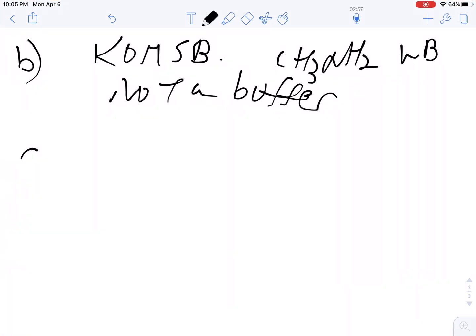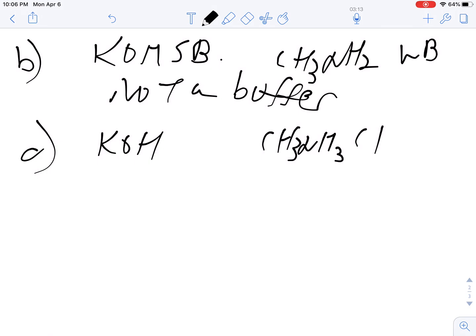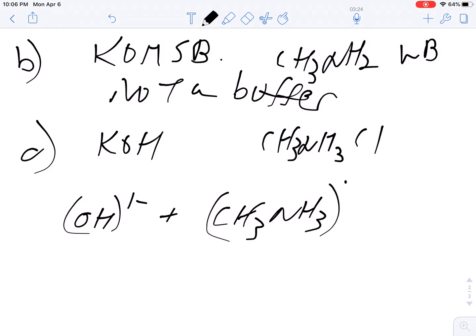Okay. C is, again, has some potential. So we could go a little bit quicker this time around. Still going to write it out. So the hydroxide is going to react with the salt. Okay.